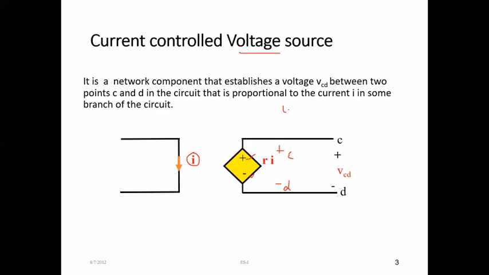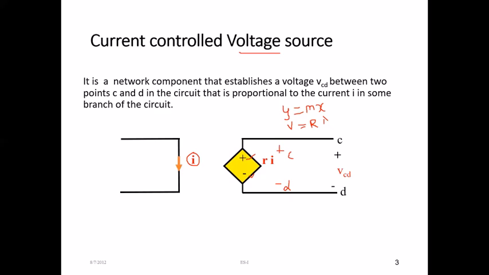So it is simply like Y = MX, where X is a current and Y is a voltage. So what should be the slope of the line? Obviously, using Ohm's law, the slope of the line is resistance.